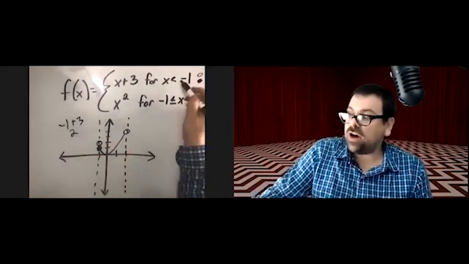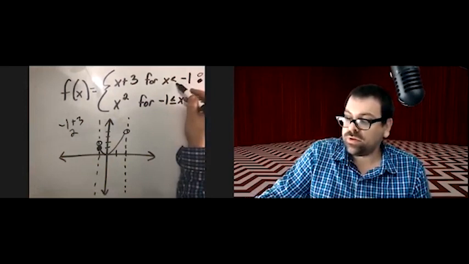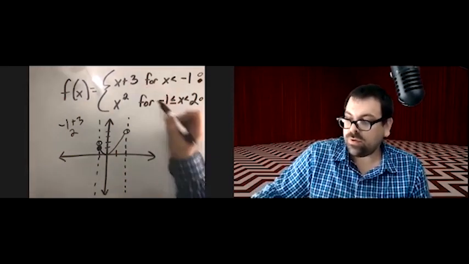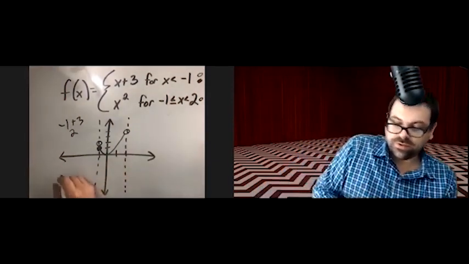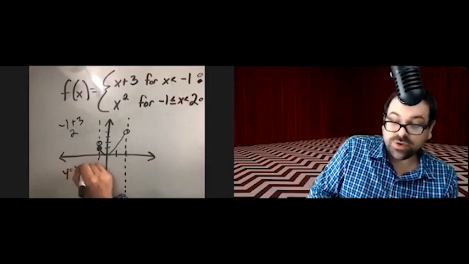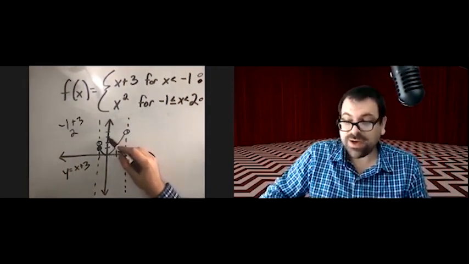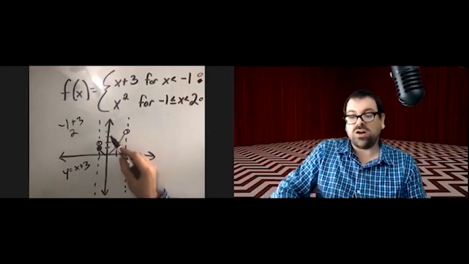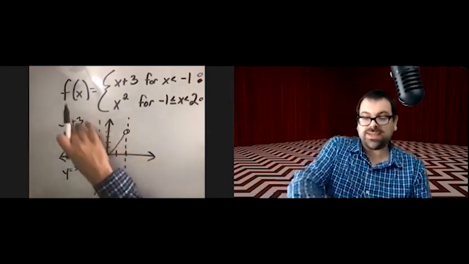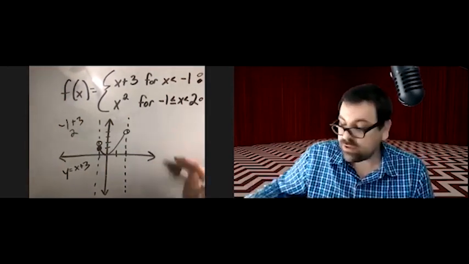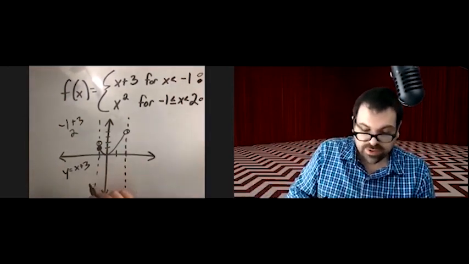Off to the left, off the open circle, we have a graph y equals x plus 3. The y-intercept would be 3, but it's in the wrong part. This x plus 3 has to be the graph over here on the left, so we can't use the y-intercept.